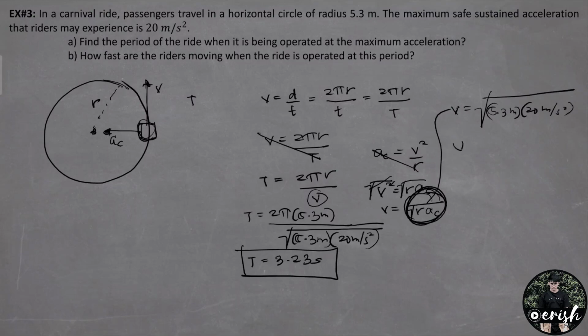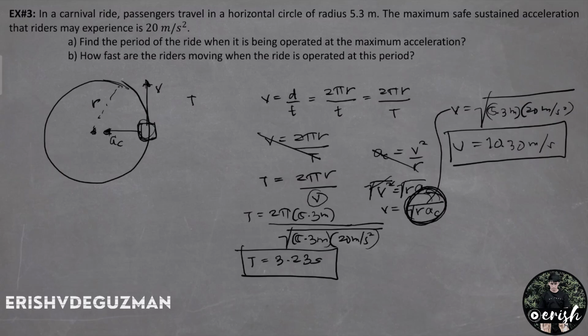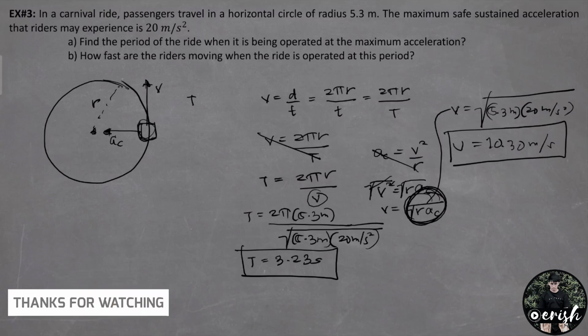And by calculating, the velocity is equal to 10.30 meters per second. One rotation in just over 3 seconds seems reasonable for a carnival ride. The period actually used, particularly for this kind of ride, is 3.7 seconds. So it runs a bit slower than the maximum safe speed, and this is example number 3.